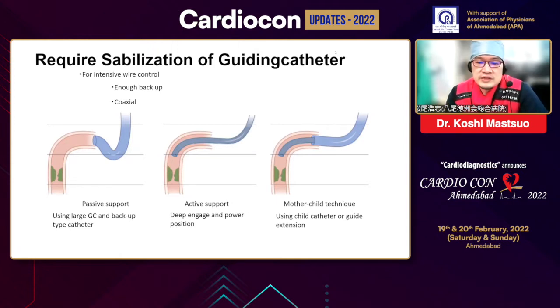A method of stabilizing the guiding catheter is using a bigger size guiding catheter. It's very simple. And a backup type guiding catheter. Sometimes deep engagement and power position are useful. And the mother-child guiding technique is another method.